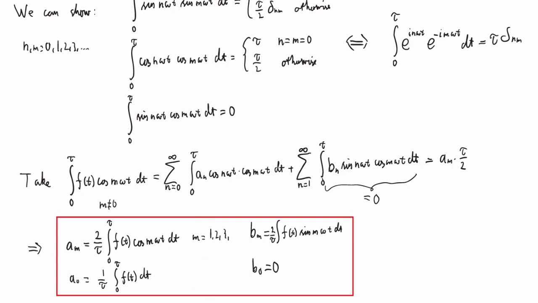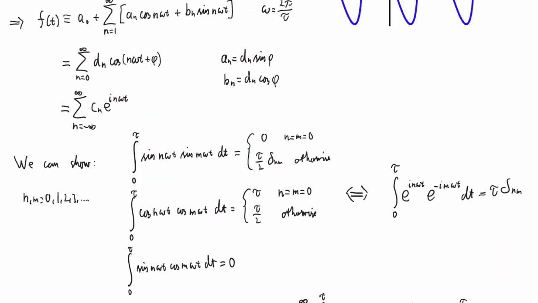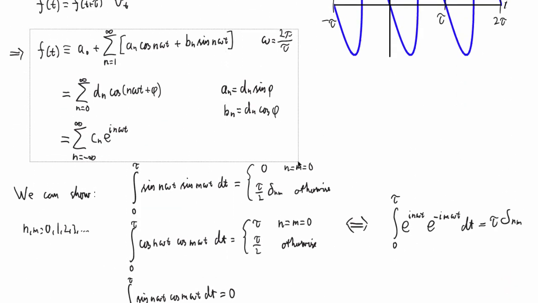So we then have, in order to find the a's and the b's, the following. Like that. We can also write, if we like, and just to put it all together, I'm going to copy this.